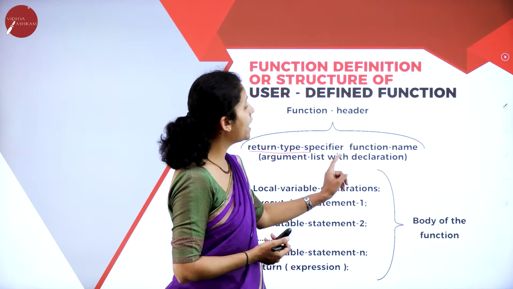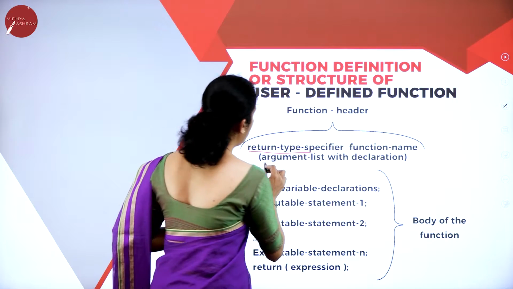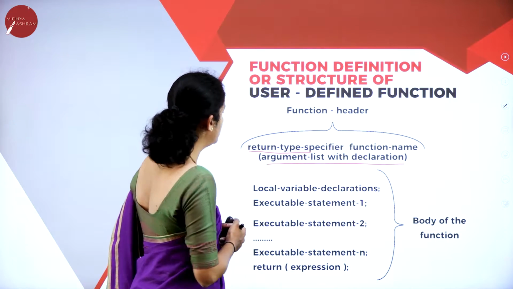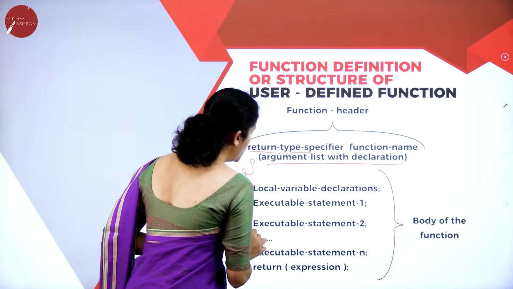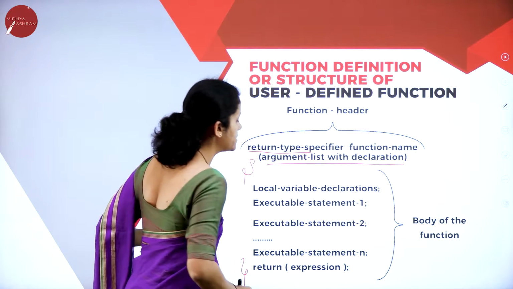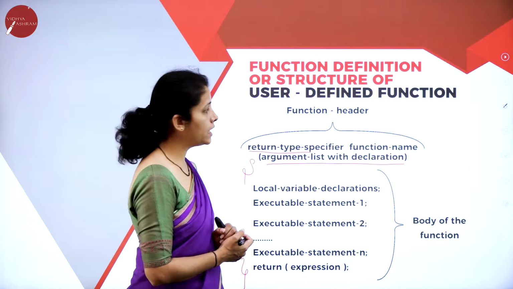Then, I'm going to have the function name. Then, I'm going to have the argument list with declaration. After that, I'm going to have the local variable declaration as well as executable statements as well as the return.